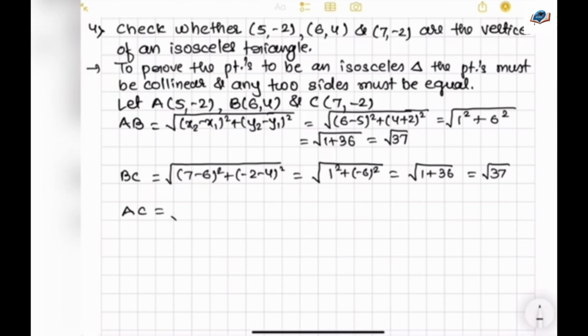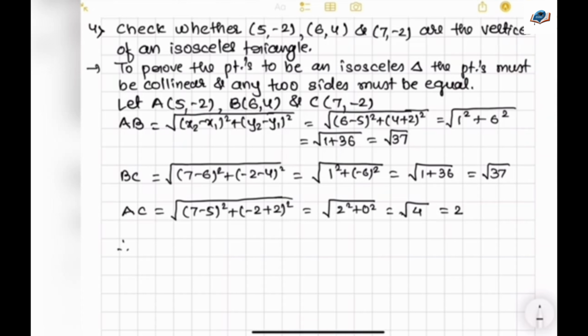So two sides I have got equal. Now let us check AC. So AC will be 7 minus 5 whole square plus minus 2 minus of minus 2, so plus 2 whole square. So that will be 2 square plus 0 square. So that is 4, so that is coming as 2.